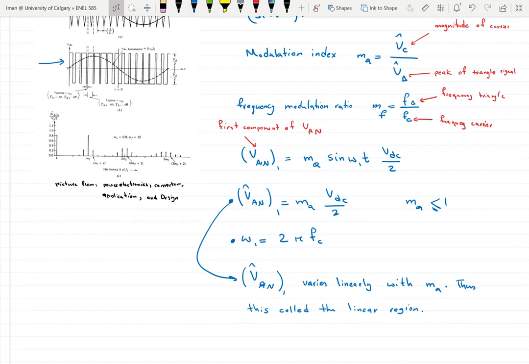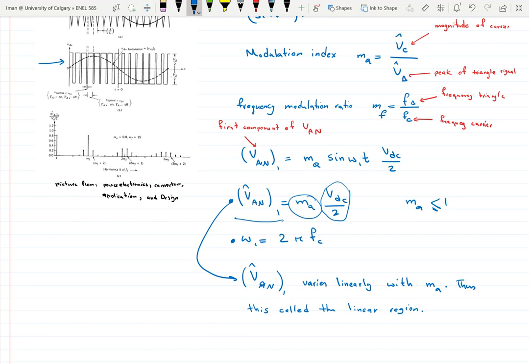One important thing to note is that the maximum value in the linear region that we can achieve for the first component of VAN and its magnitude is when MA is equal to 1. So the maximum value that we can achieve is VDC over 2.